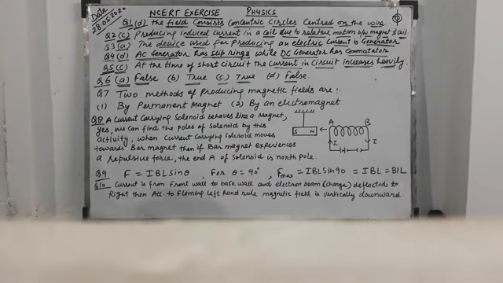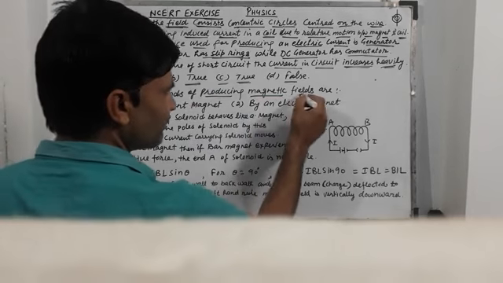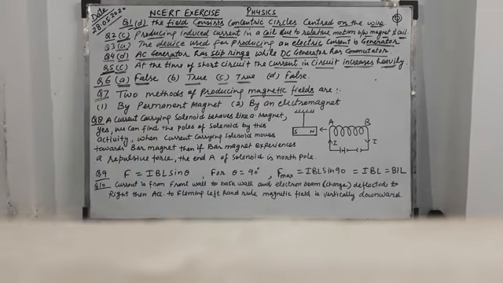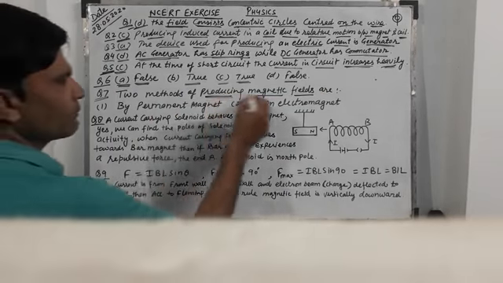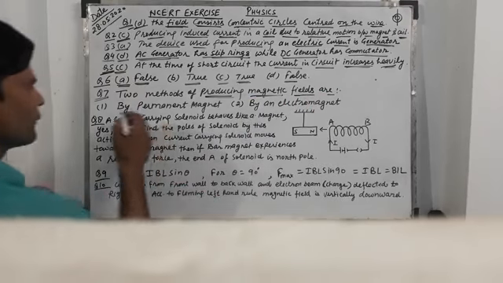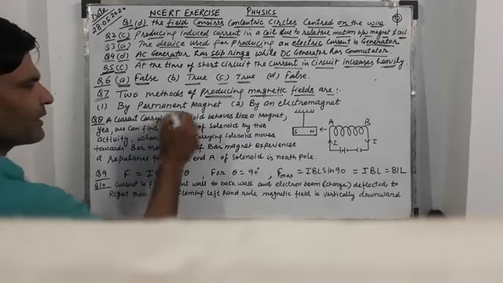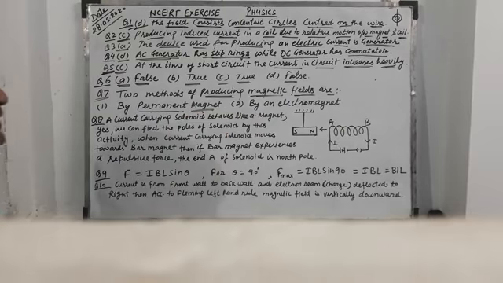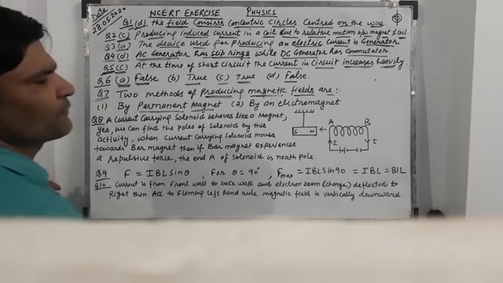In question number 7, the question is asking for two methods of producing magnetic fields. The first is by a permanent magnet. If we place a permanent magnet, then we can produce a magnetic field.